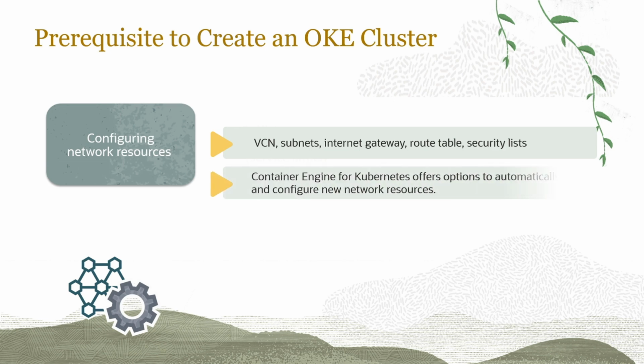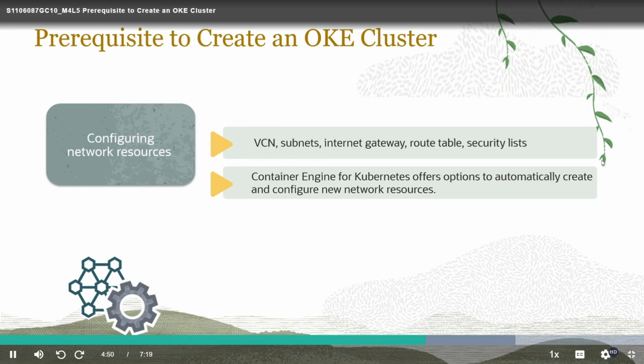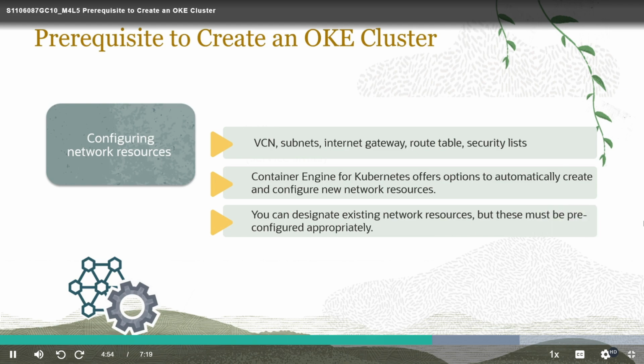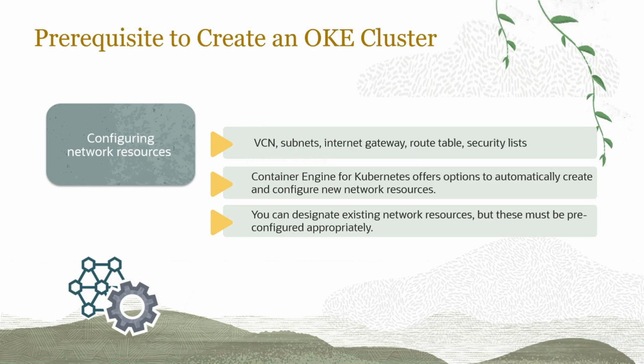When creating a new cluster, you can choose to have Container Engine for Kubernetes automatically create and configure these network resources for you, or you can specify existing network resources. If you go with the latter option, these resources should already be correctly configured. Now that we understand the importance of configuring network resources, let's proceed to our next prerequisite.